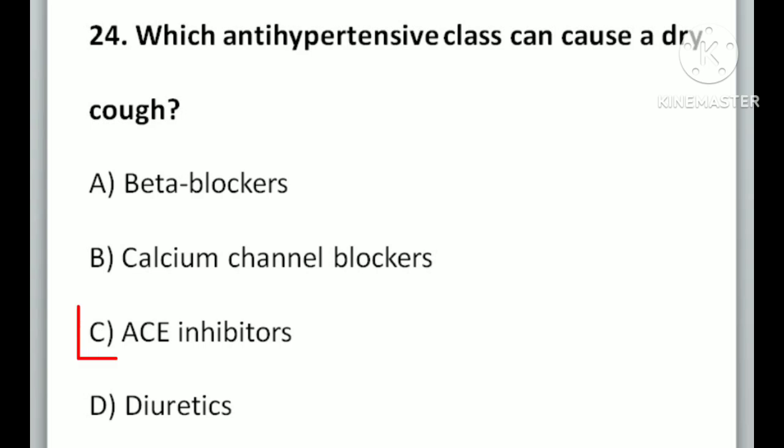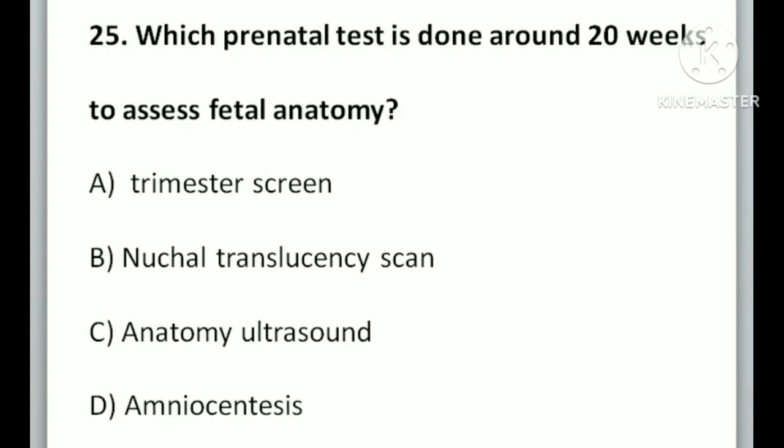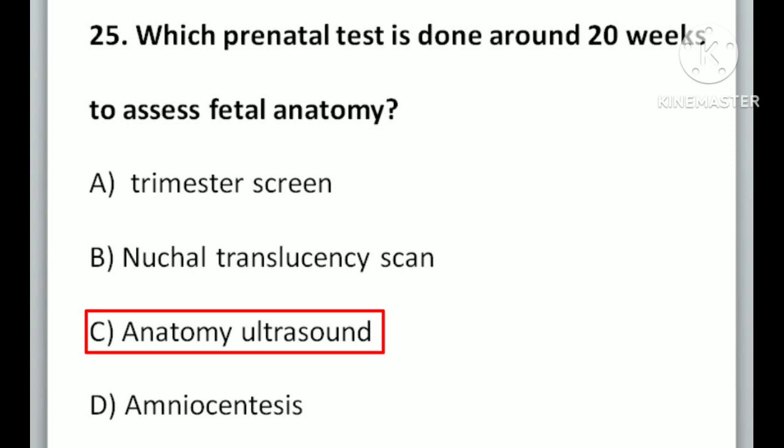Correct option is C. ACE inhibitors. 25. Which prenatal test is done around 20 weeks to assess fetal anatomy? Correct option is C. Anatomy ultrasound.